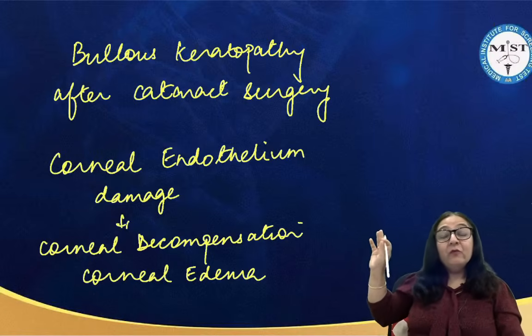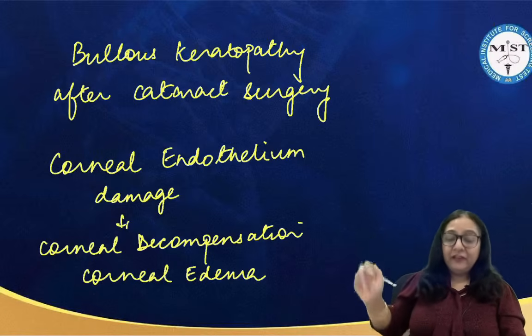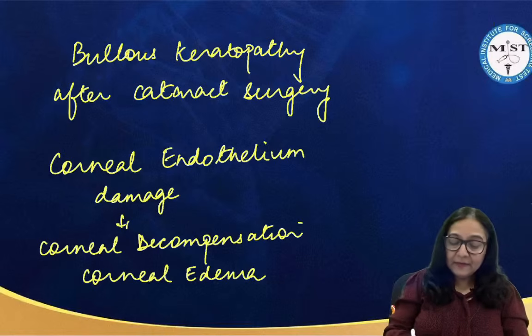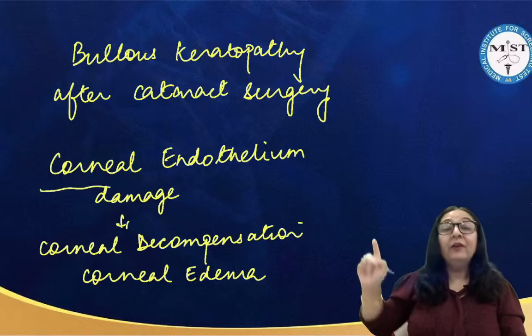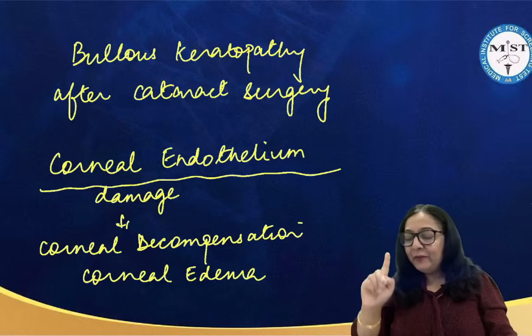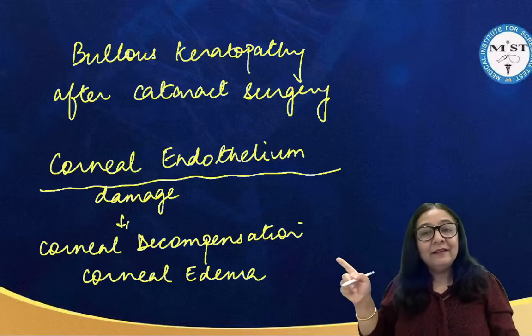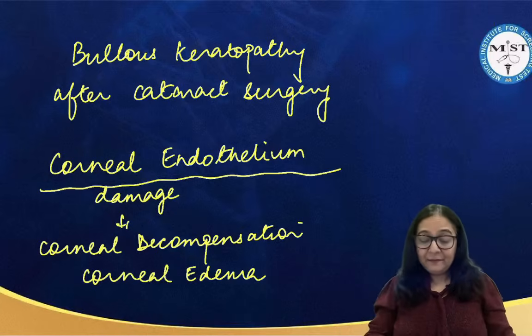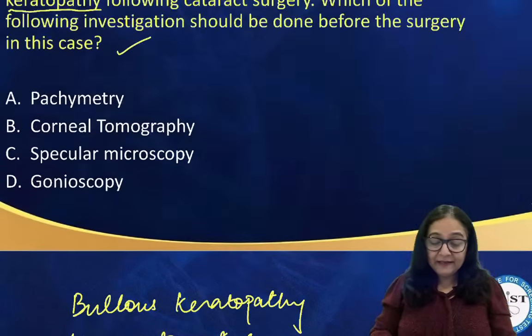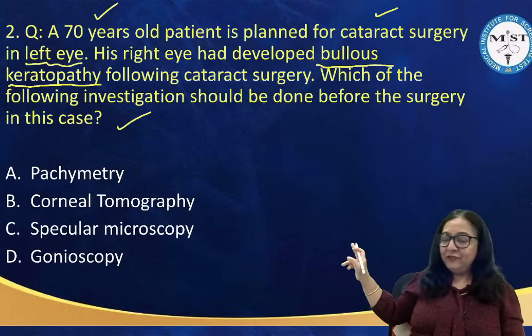So, here you want to know whether the patient's corneal endothelium is healthy or not, and which is the investigation that will help in identifying whether there is a pre-existing corneal endothelial disease or not. Now, come back to this question, friends.